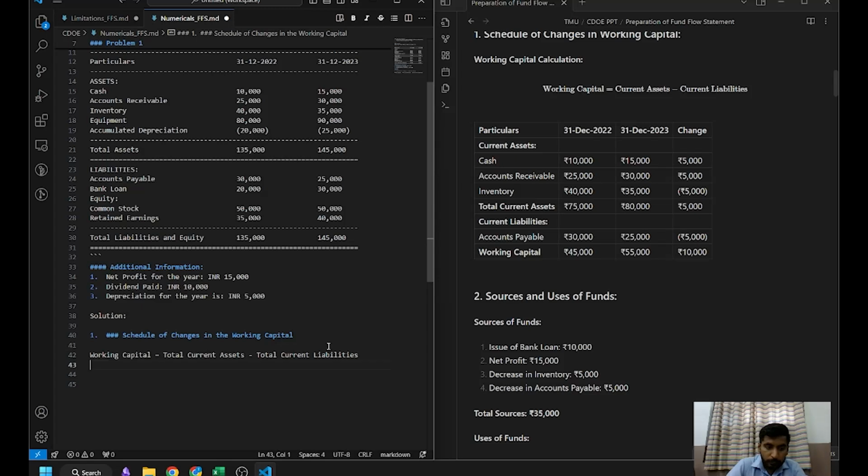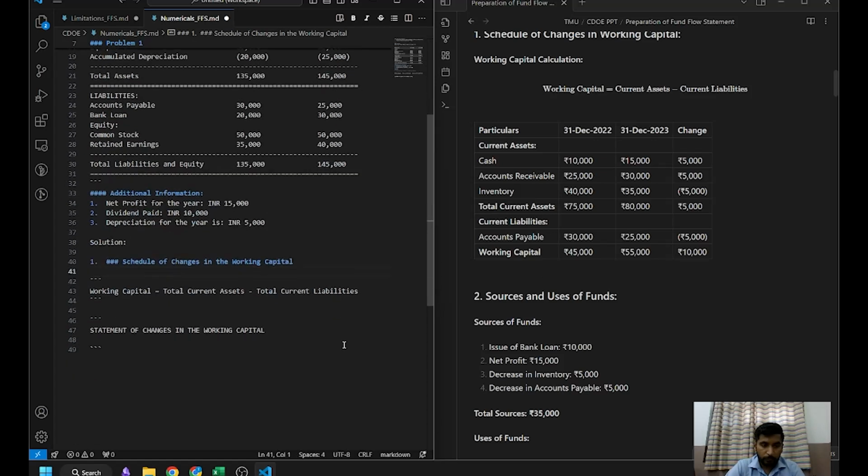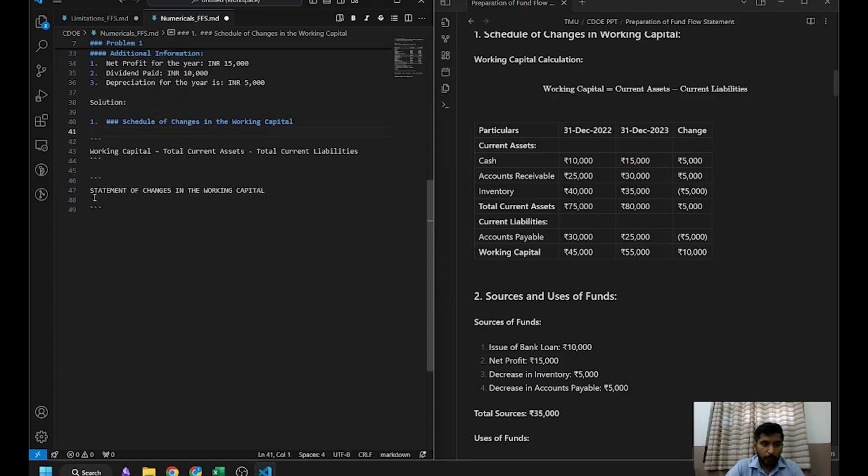Now, let us just make a statement of changes in the working capital. It will be like this.